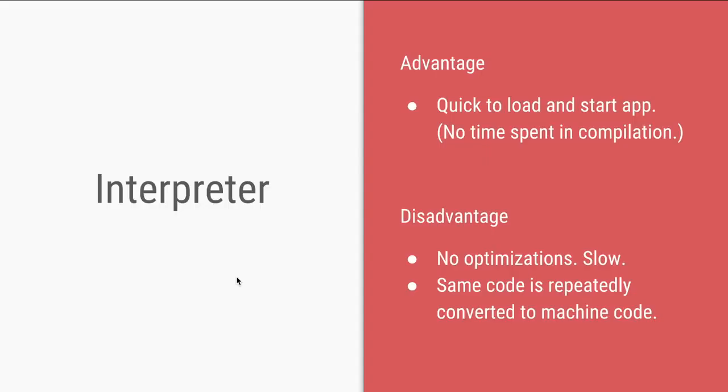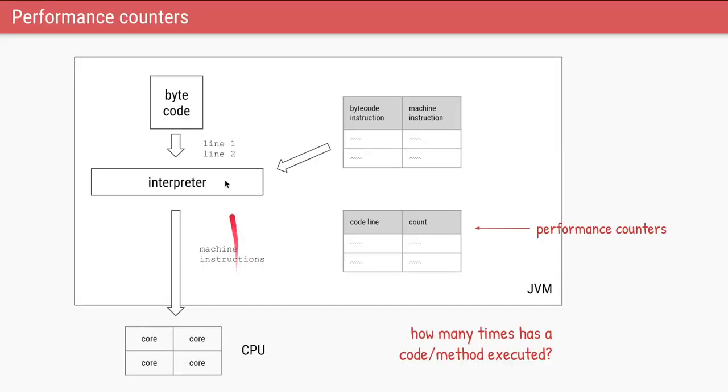So the interpreter is very quick to start your application. It doesn't waste time compiling your code. But converting each line of your bytecode repeatedly into the machine code, even for repeated code snippets like the for loop or the methods that you're calling again and again, is very inefficient. So the JVM keeps a performance counter of which methods or snippets of code are executed how many times.